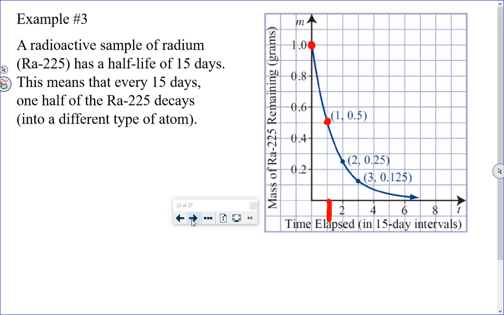What has the y variable been multiplied by? Well, 0.5. It's cut in half. And then you go one more increase in x, which is a 15-day interval, and it goes from 0.5 to 0.25. So things are being multiplied by 0.5. Now the questions.